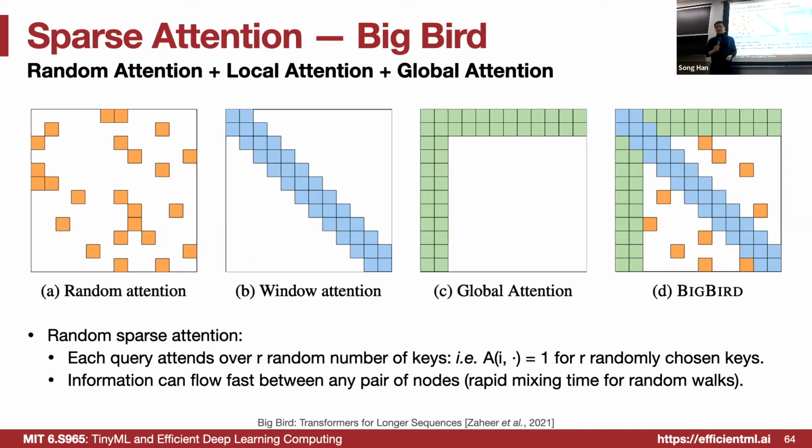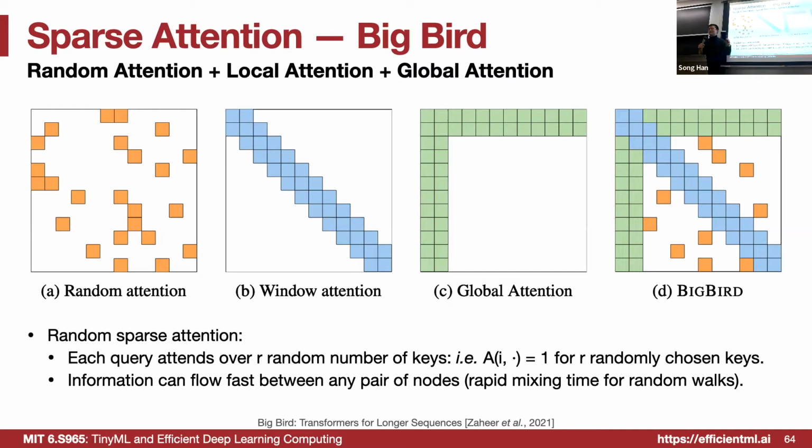And very interestingly, this Big Bird paper also proposed to run this random attention. Naively, we may think random attention doesn't make sense at all. But if you think about it deeper, you have a couple of such random attentions. For example, token 1 can attend to token 11 in layer 1, and in layer 2, token 11 may be attending to token 75.